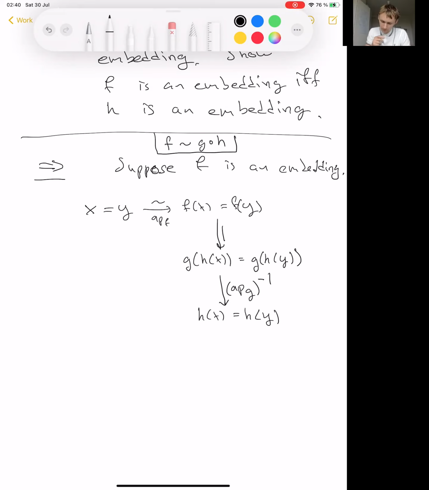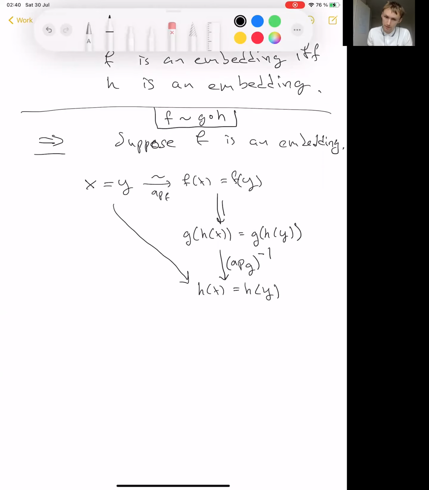And let's look at the composite map from x equals y to Hx equals Hy. We can easily prove that this is actually equal to app of H. This was an equivalence, this was an equivalence, and this was an equivalence. So app of H is an equivalence. If you want to prove that this composition is equal to app of H, you just do it by path induction.